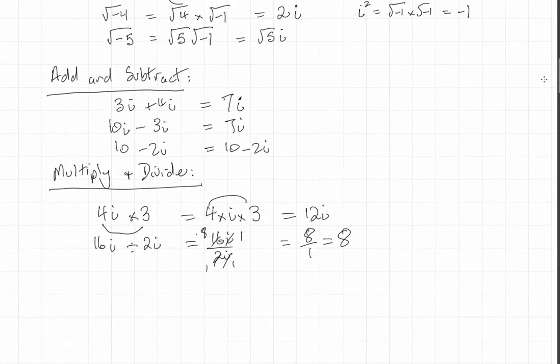If we go to 30 over 5i. Now when we have an i on the bottom, it's not normal to do that.